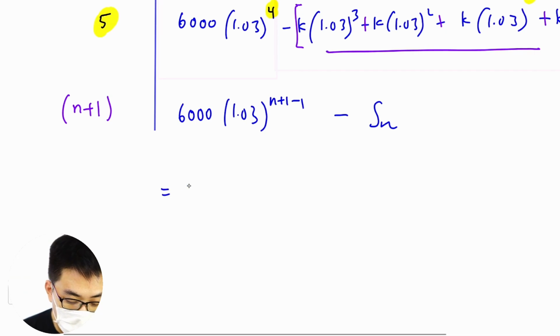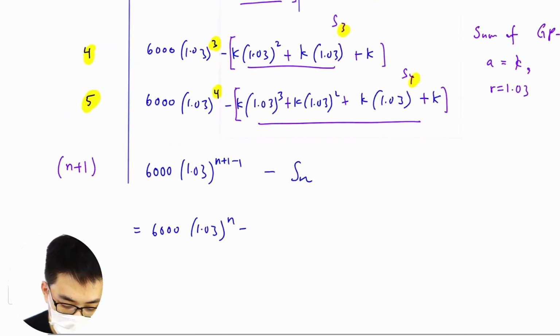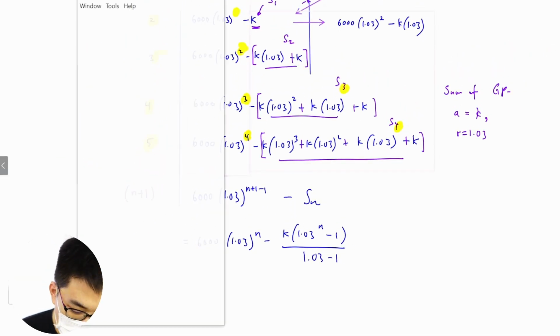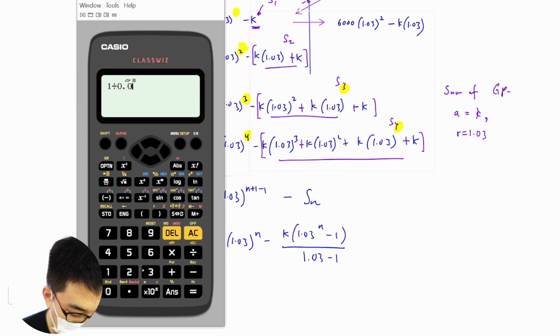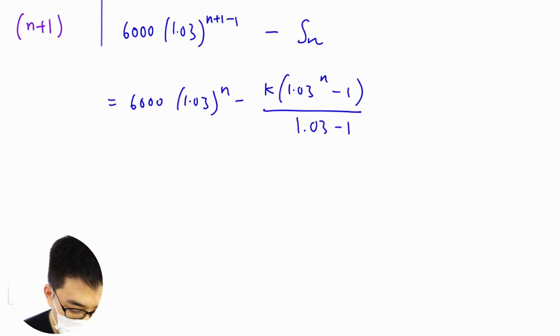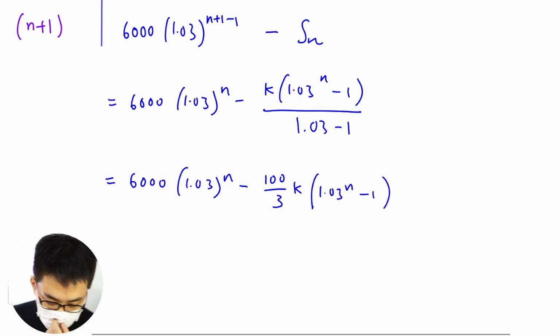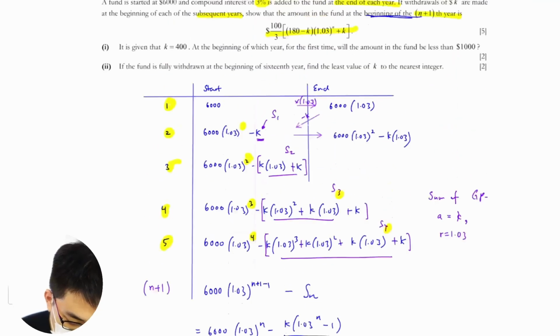Please know how to do this. Then this will be 6,000 minus A times 1.03 to the n minus 1. I don't think you need that. So 1 divided by 0.03 is 100 over 3. Is that it?